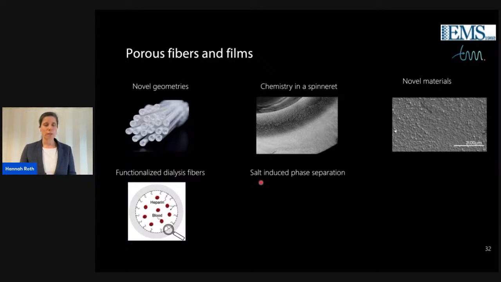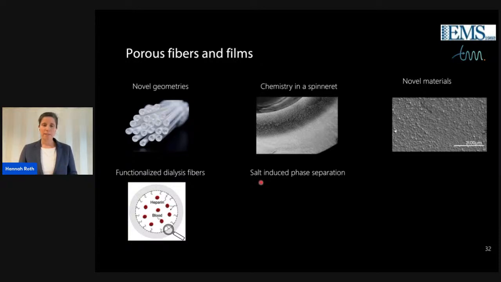There is a big field of testing new solvents which are less toxic. But one approach that we have followed is to switch to a completely organic-solvent-free system and use water instead.